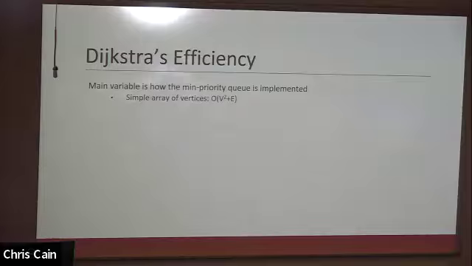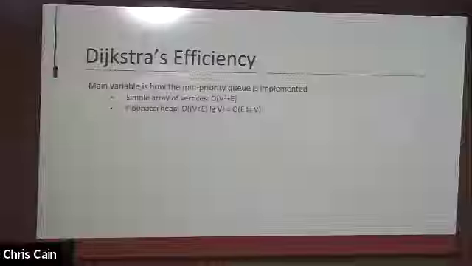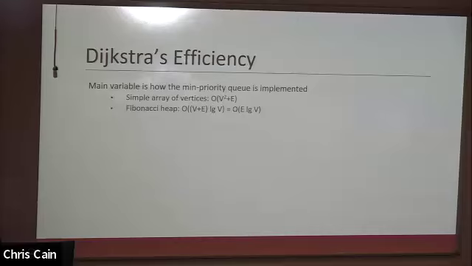So V squared plus E. And if you implement this as a Fibonacci heap, which is just a slight variation on the concept of a heap and not too much harder to implement, then we can get this all the way down to E log V.